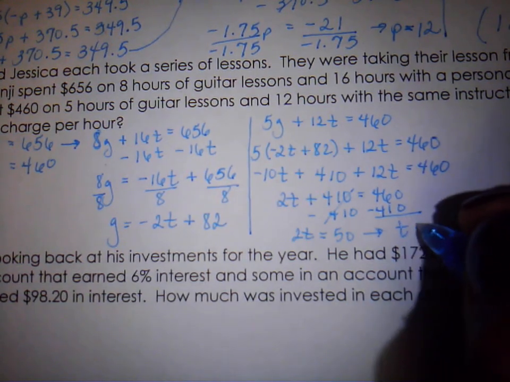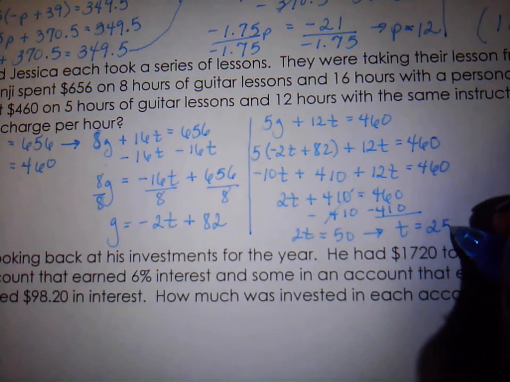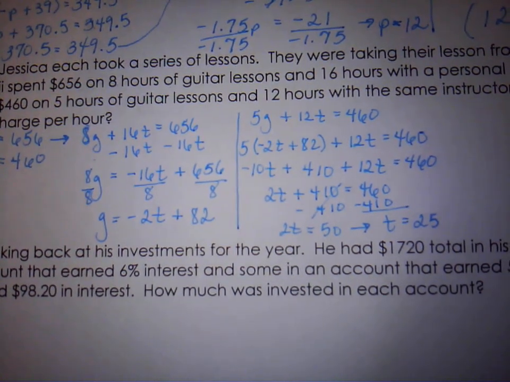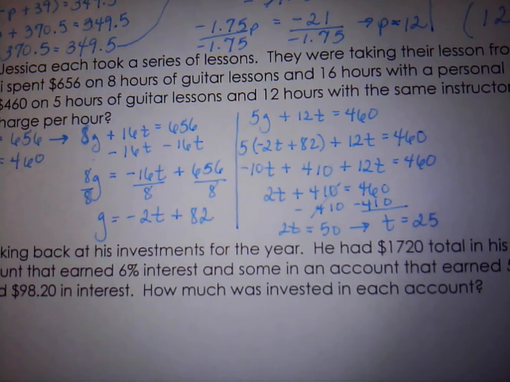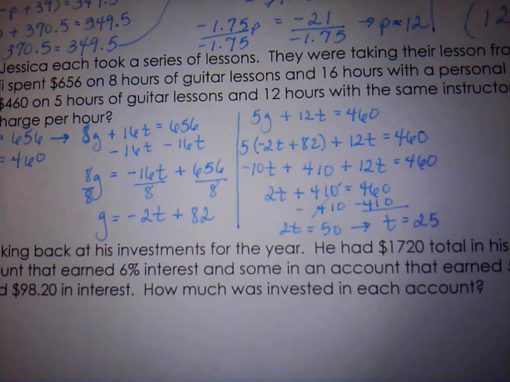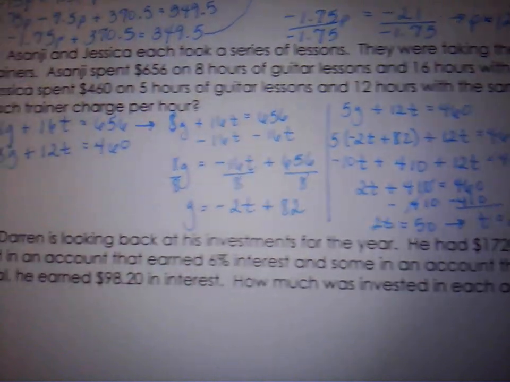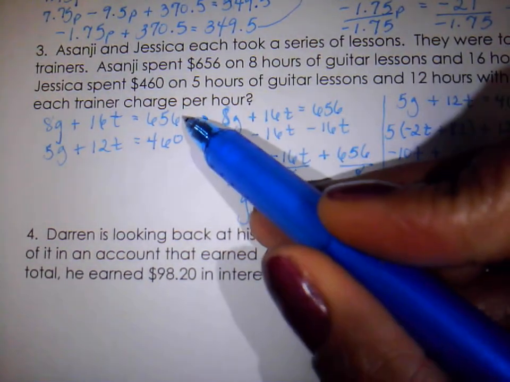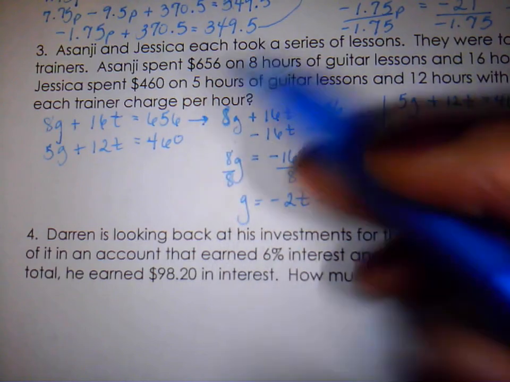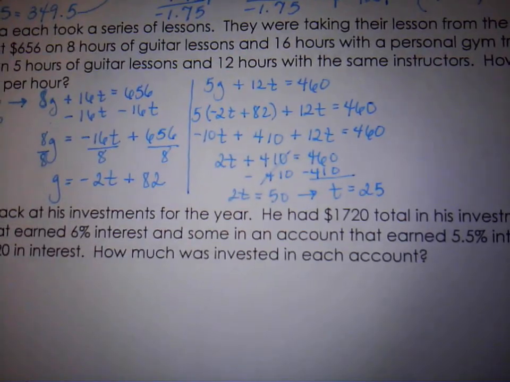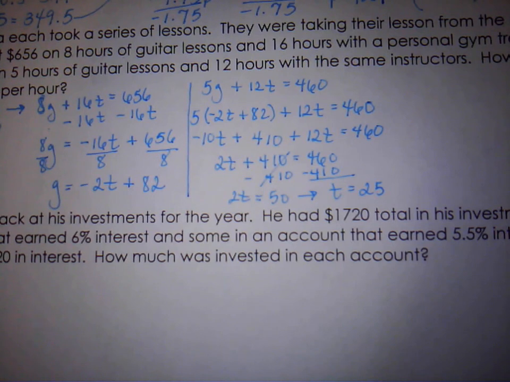So T is equal to what? Y'all, the most important part of this problem is you being able to get to these two equations. That's the most important part. All of this other stuff, like I said, we're back in middle school. This is stuff that you already know how to do.